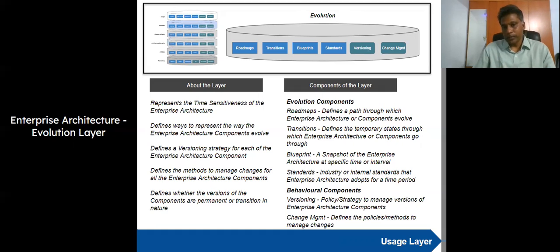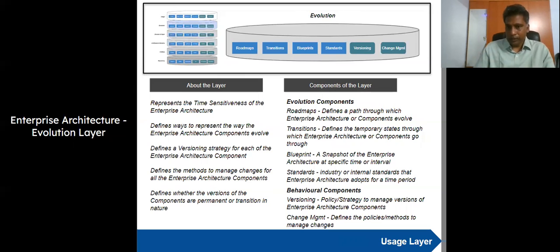It has to be compliant with FISMA. So what are the FISMA standards to be followed? So all those aspects come in. So the important aspect is, as those standards evolve, how is that impacting our enterprise architecture, right? So that's the primary reason why we want to capture the standards details here, right? So while we define that, the behavioral aspect we need to define here is, one is versioning.